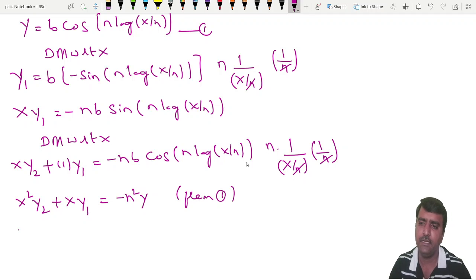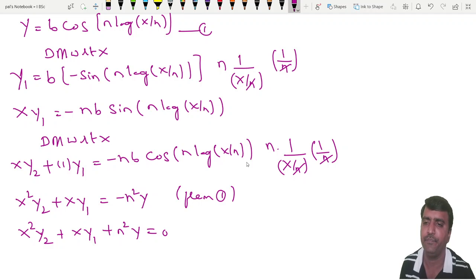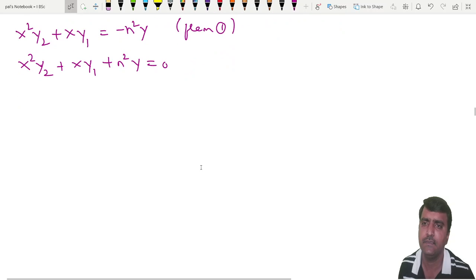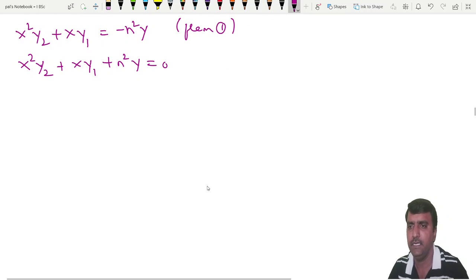So now x square y2 plus x y1 plus n square y is equal to 0. Now differentiate this n times.